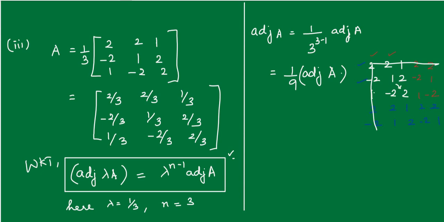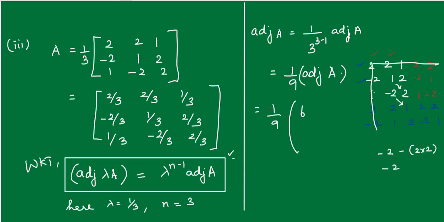So when we simplify, what we get? 2 minus of 2 into 2, 4. So 2 minus 4... we get 2 plus 4 is equal to 6. So this is equal to 1 by 9. First element is 6. Next, 2 into minus 2 into 1 gives us minus 2, minus of 2 into 2.